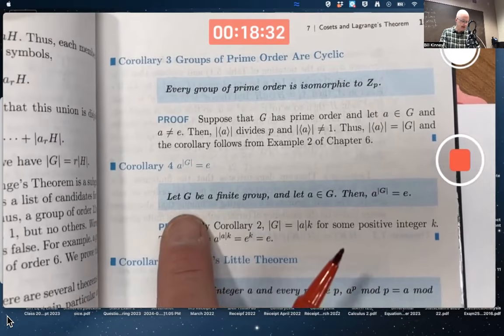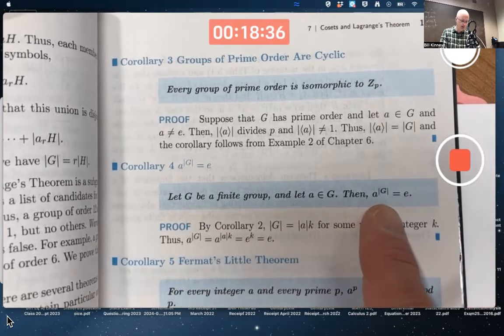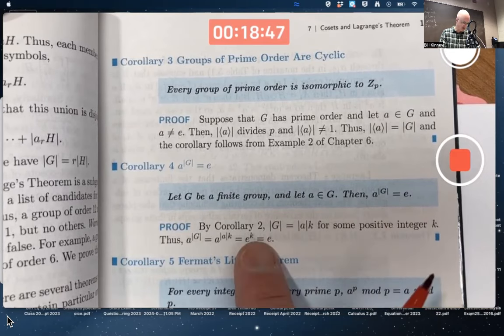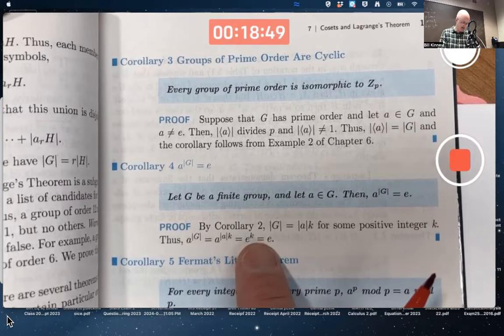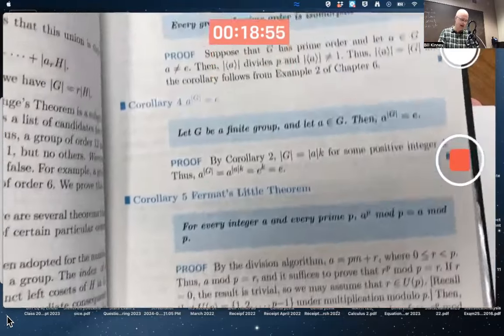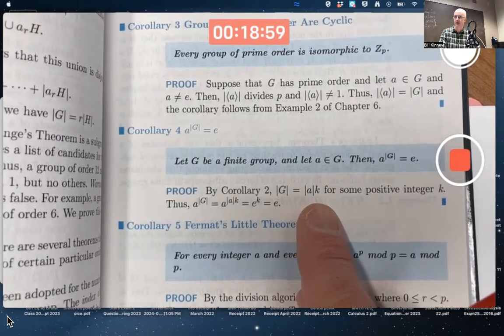The next corollary says, let G be a finite group and let a be an element of G, then a raised to the order of G power equals e. Kind of a weird little property, but true, and sometimes useful. They use a previous corollary, that the order of a divides the order of G, to say that the order of G is the order of a times some integer k.